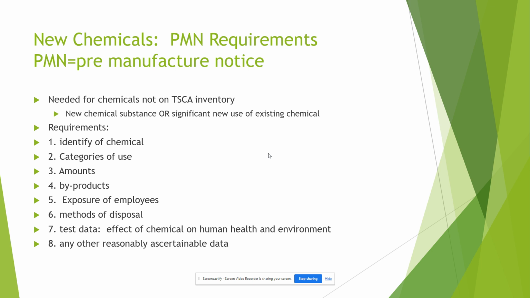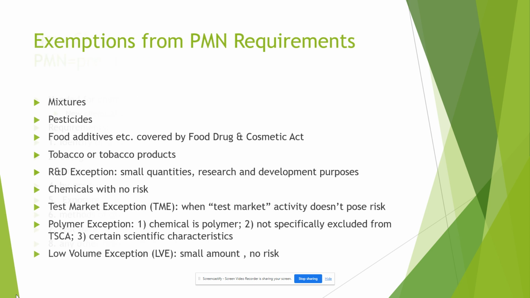The chemical properties, how it's used, amounts, potential byproducts, what happens when employees are exposed, how do you dispose of it, and the test data is super important under TSCA. They test how this chemical will affect human health and the environment. So that's in your PMN. Okay. Oh, I think we just talked about this.